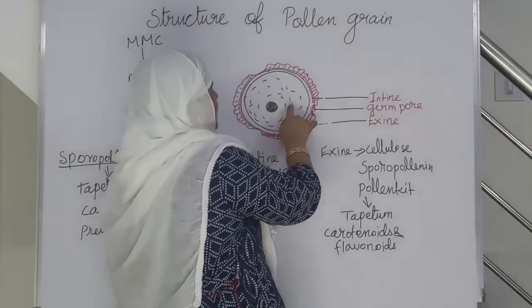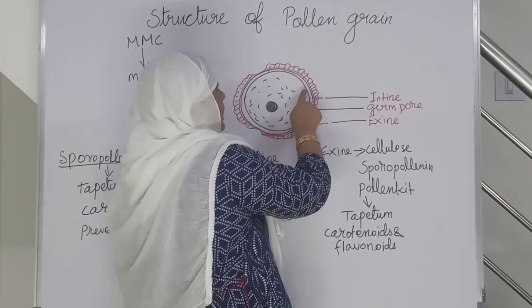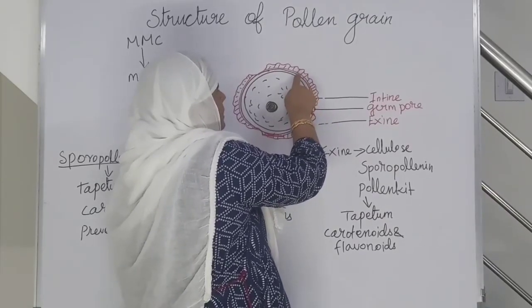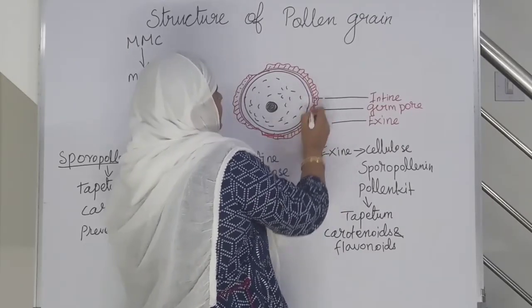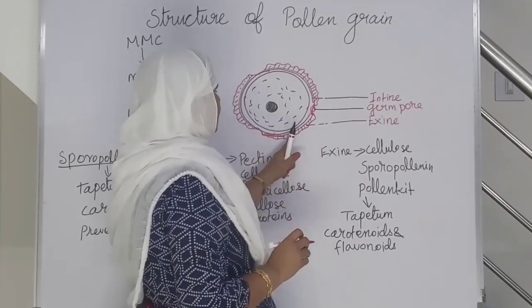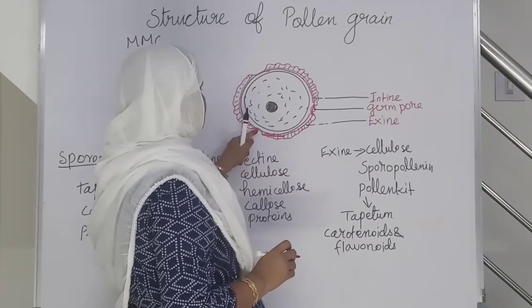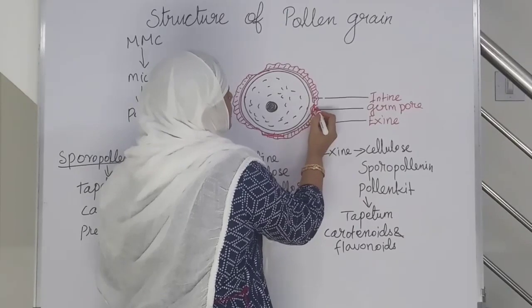That's all about the structure of the pollen grain. Nucleus surrounded by cytoplasm, and the wall is double layered. One is intine, which is thin and uniform, and the exine, which is thick in nature, and in some places the sporopollenin is absent where the germ pore is present.